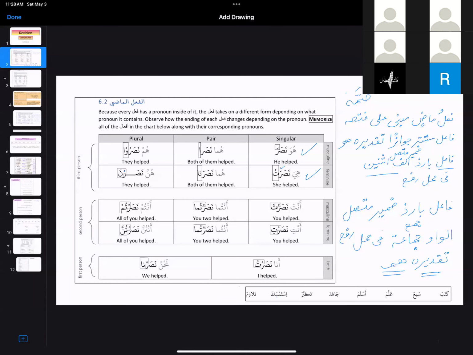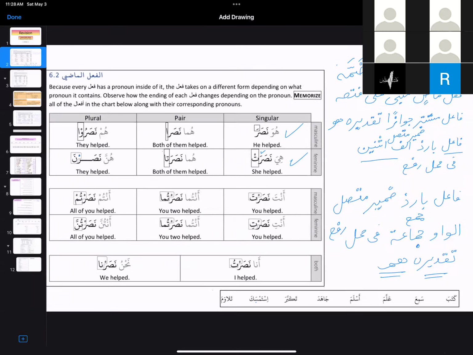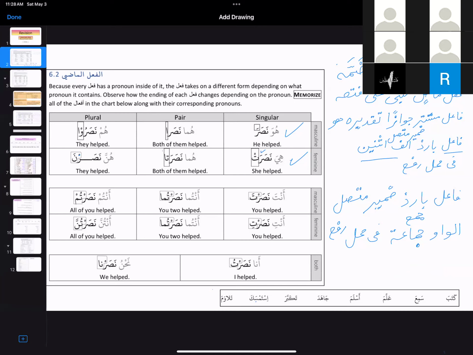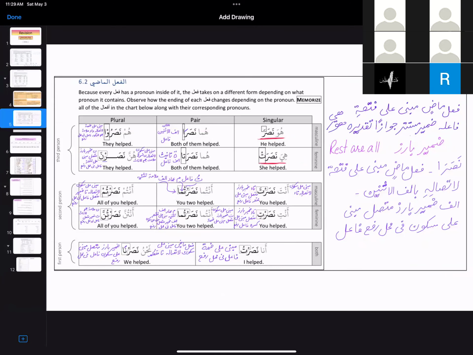Okay. So where were we? Antuma, right? So Nasartum: for the waw, we say this waw is fa'il, damir muttasil, and what is damir muttasil? This is wawul jama, and this is fi mahalli rafa, right? And then I'm not sure how we need to add whom. Let me see if I put it somewhere.